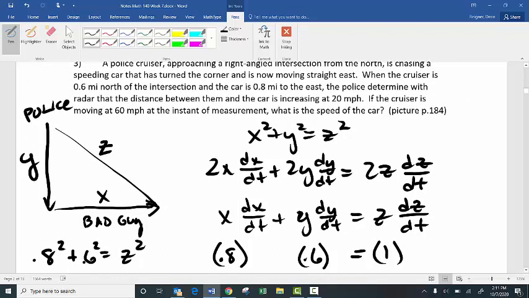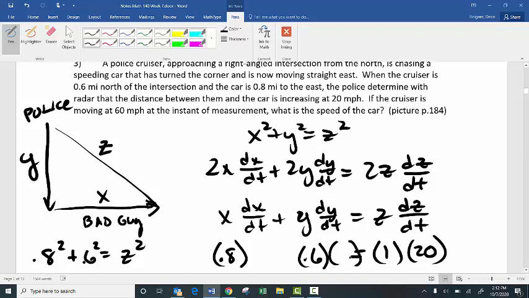So it says, police determine with radar that the distance between them and the car is increasing at 20 miles per hour. Okay, here's the police, and then the cruiser or the bad guy is back down there in the corner. So our Z is changing by 20 miles per hour. It says if the police cruiser is moving at 60, so the police is moving at 60.